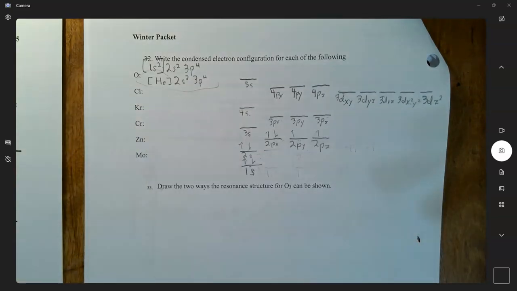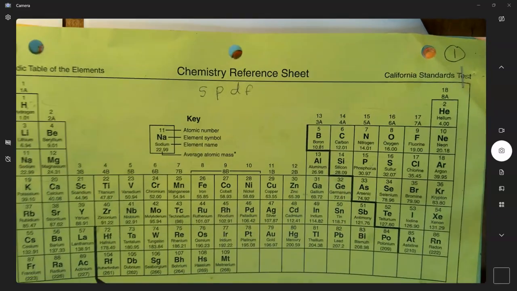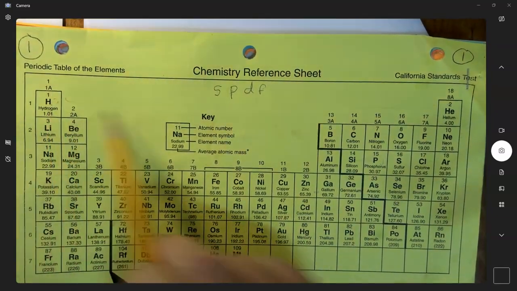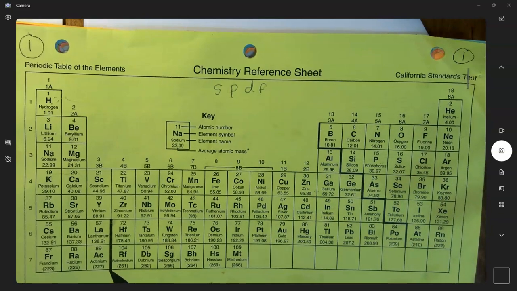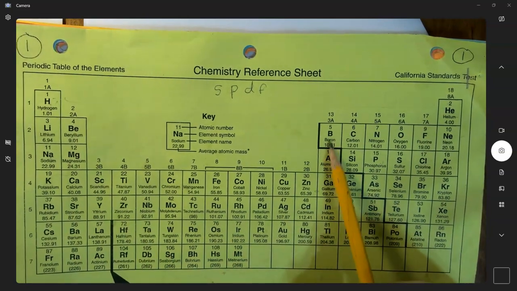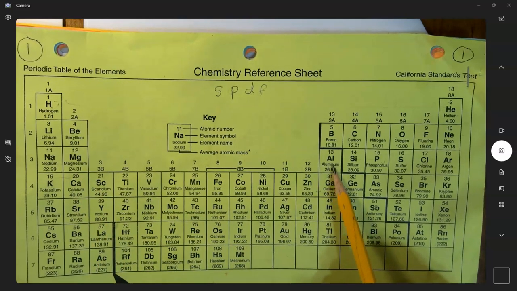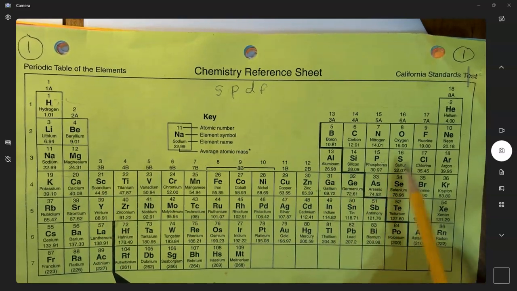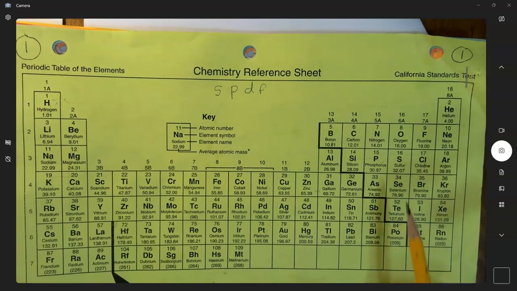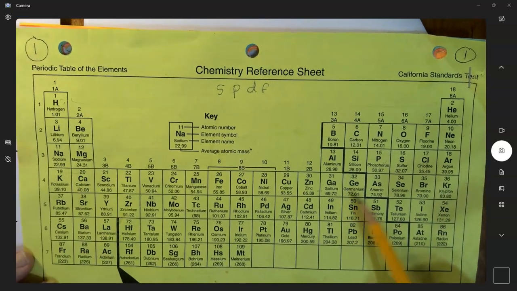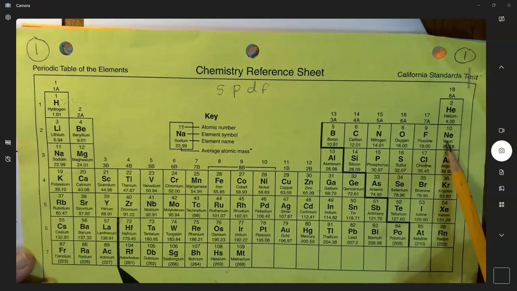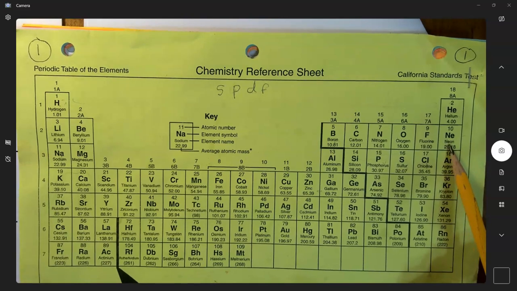Okay, let's do chlorine. For chlorine, you can just look at the periodic table. It's going to be a 1s2. You always have to start and build your way up. 2s2, 2p6, 3s2, and then it's 3p, 1, 2, 3, 4, 5. Now, to write this, we start with the noble gas in the row before. Whenever you have a p6, that's a noble gas.